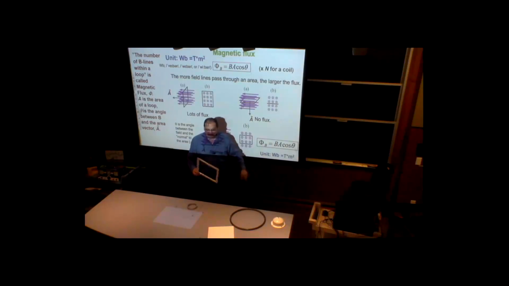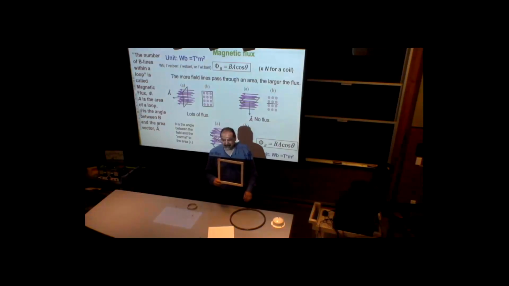It should be equal to the magnetic field strength, technically the average if it changes, but that doesn't matter, inside the loop, multiplied by the area of the loop, and multiplied by the cosine of the angle.